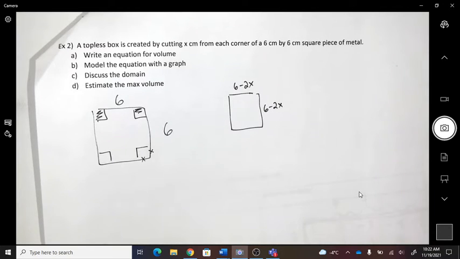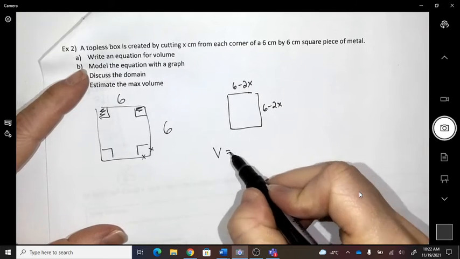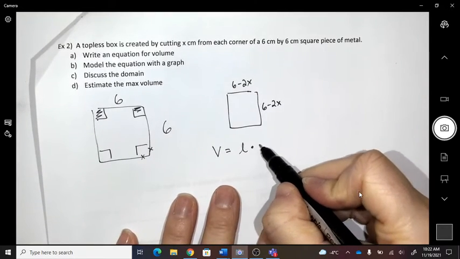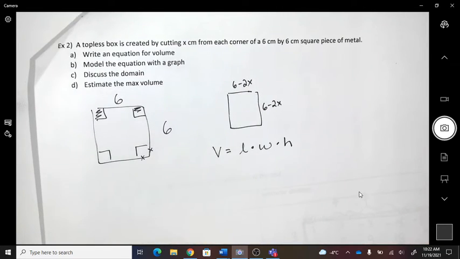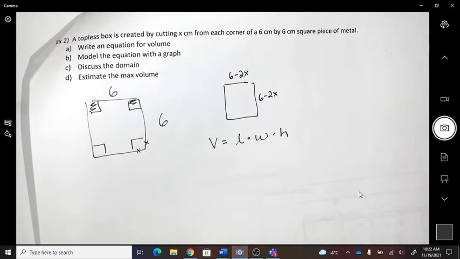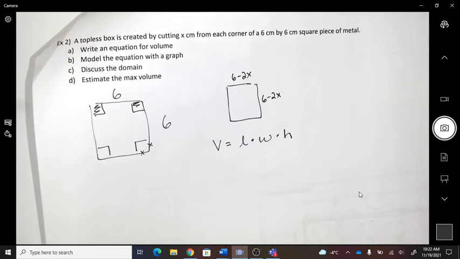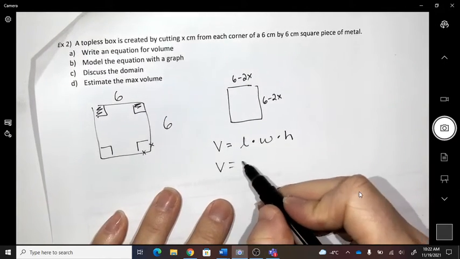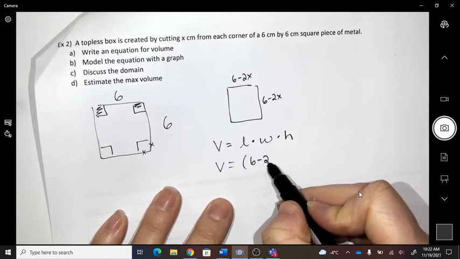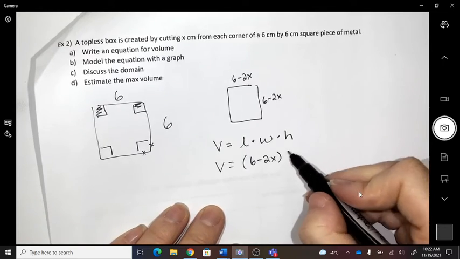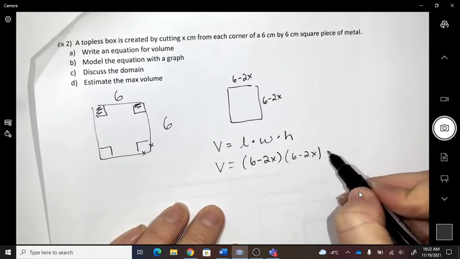So how do you do a volume of a box? Anybody know the generic formula for a volume of a box? Have you seen that one before? Length times width times the height? Okay, so the length is 6 minus 2x. The width is 6 minus 2x.